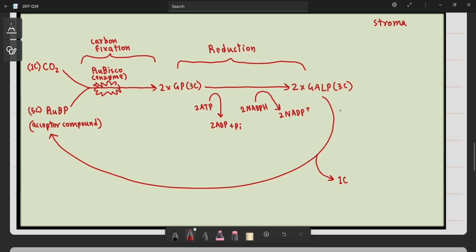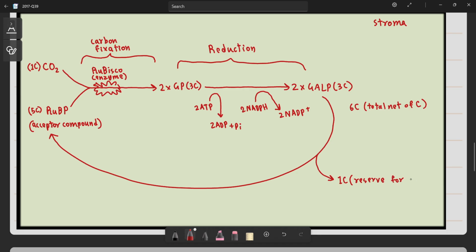The two molecules of GALP, each a three carbon compound, have a total net of six carbon, because two multiplied by three is six carbons in total.